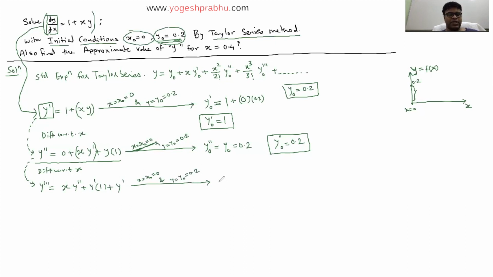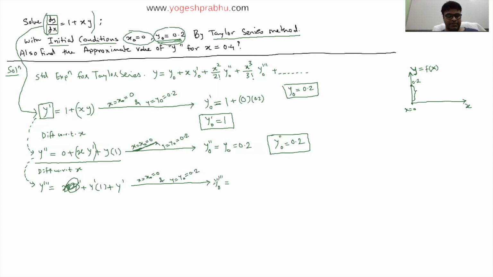Now once you do that, you will get y triple dash naught is equal to, well, the first term has x, and the x value will become 0 anyways. The first term becomes 0. This term is gone. Y dash will become y naught dash. Oh, it's y dash and y dash, I can simply add them, right?